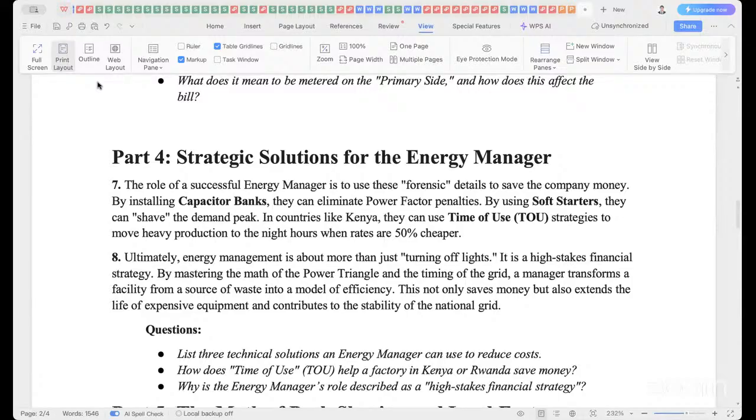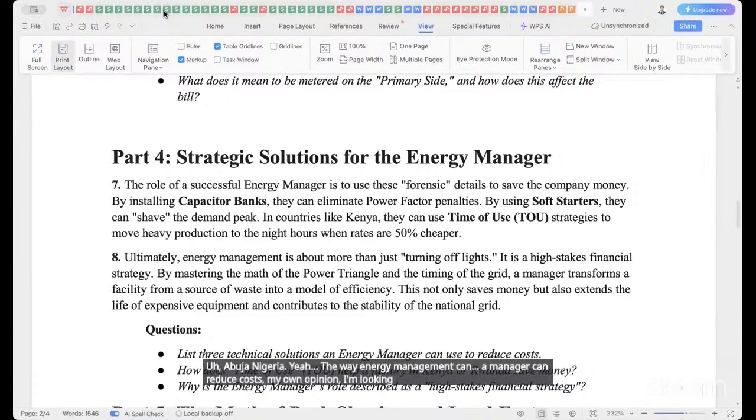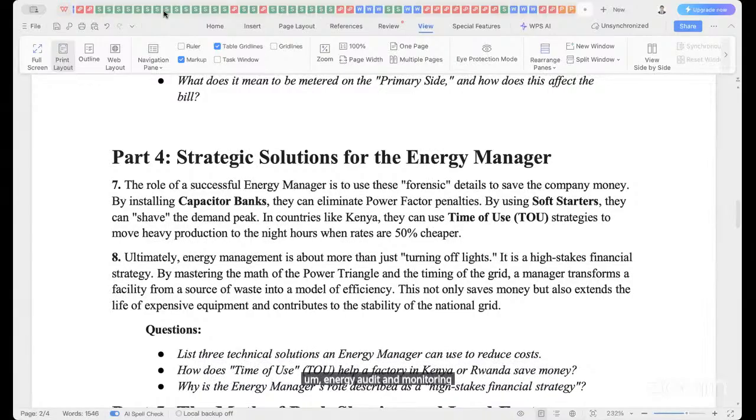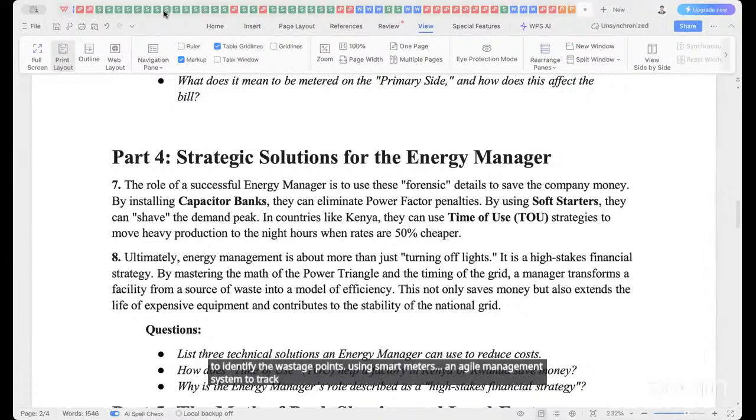Hello. Good afternoon, sir. My name is Ali Ibrahim from Abuja, Nigeria. The way an energy manager can reduce costs, in my opinion, is by conducting an energy audit and monitoring, carrying out a detailed audit to identify the wastage points, using smart meters and an energy management system to track the real-time consumption, and load optimization too.